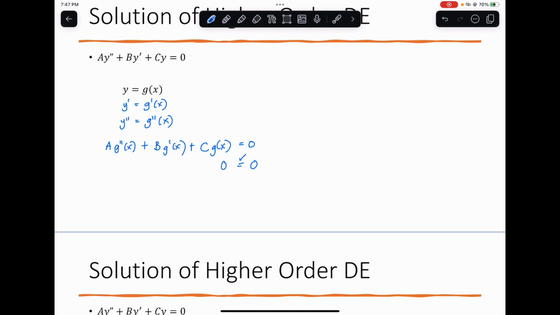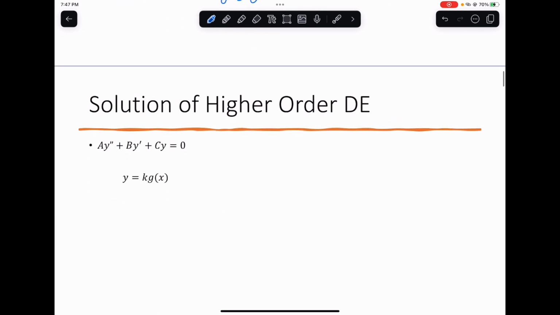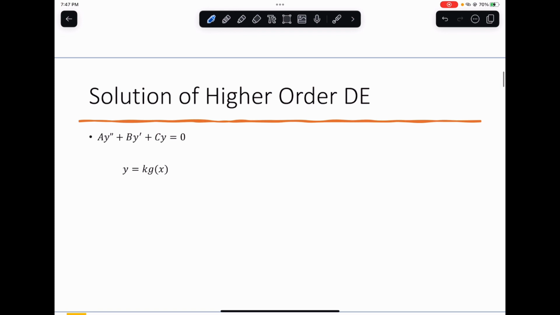So as long as ay double prime plus by prime plus cy is equal to 0, that makes it a solution of the differential equation. What if we are given a function and we multiply it by any constant coefficient?